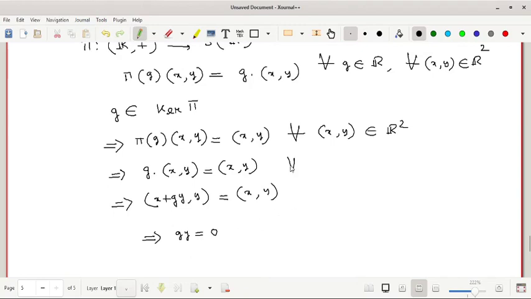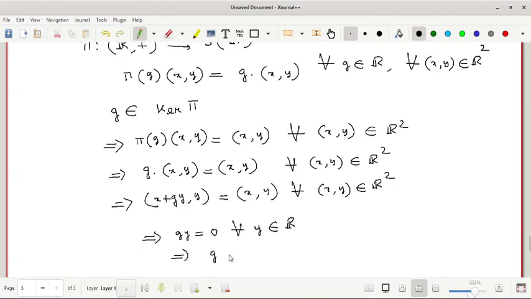This is true for all (x, y) in R2, and this is true for all y in R. So this implies g has to be equal to 0.